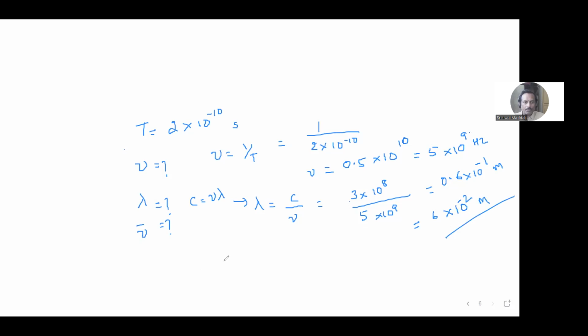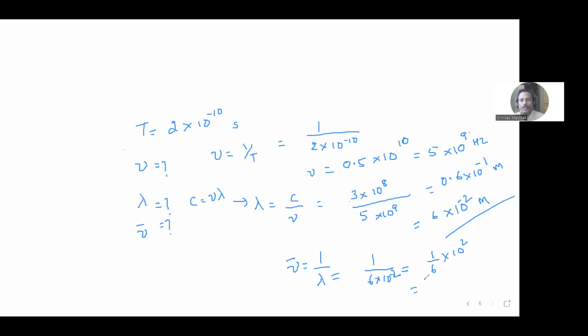So nu bar, as you know, is nothing but the wave number. Nu bar is the reciprocal of the wavelength. So that is 1 by 6 into 10 to the power of minus 2. It becomes 1 by 6 multiplied by 10 to the power of 2.